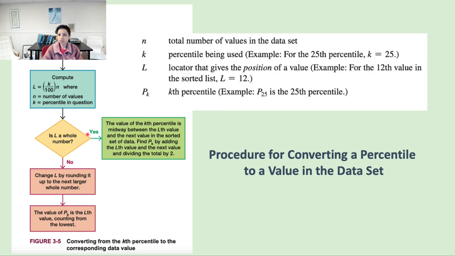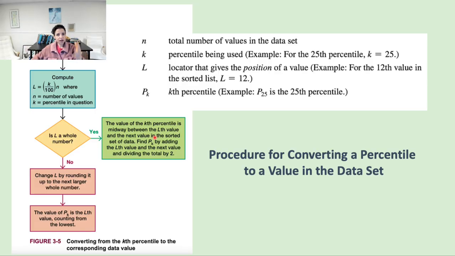Now we do different things if that position is a whole number versus if the position is not a whole number. So if that position is a whole number, then what we want to do is find the value in that position, and then find the value in the next position.